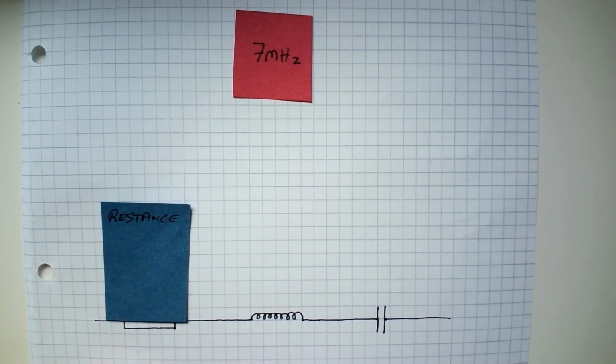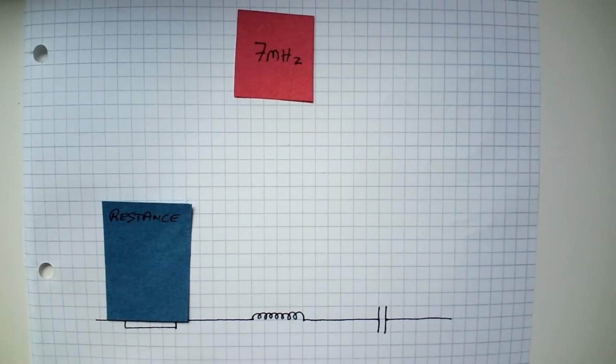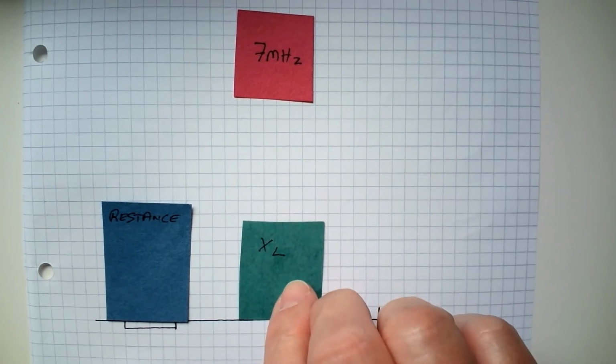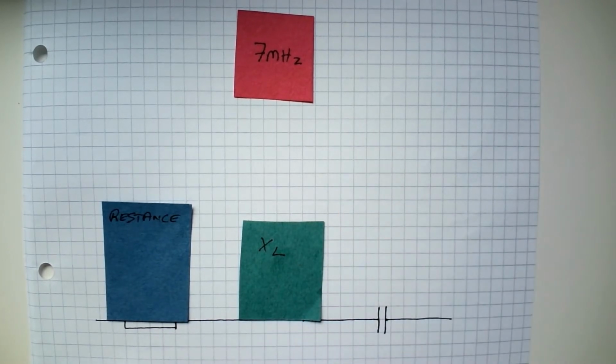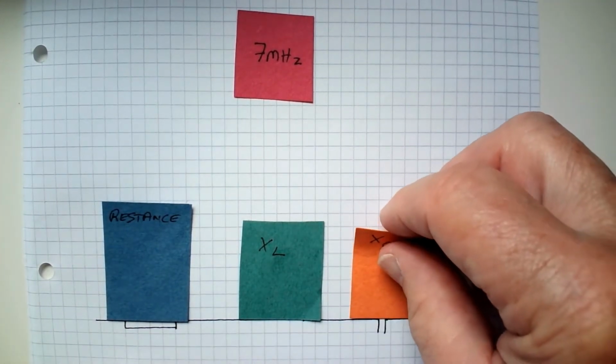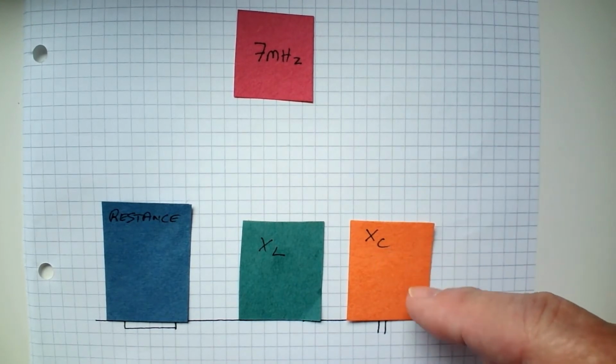And we'll say that at 7 megahertz, the inductor produces that much inductive reactance. And it will produce that much capacitive reactance.